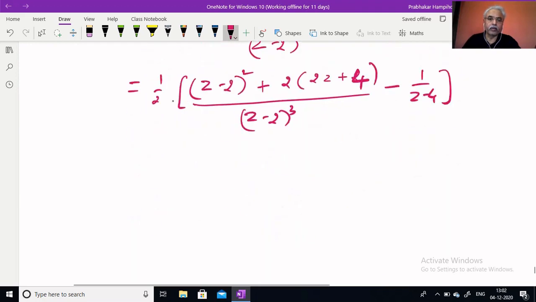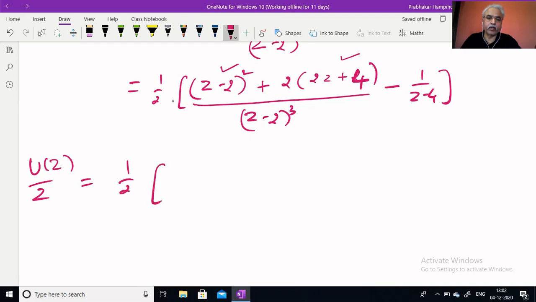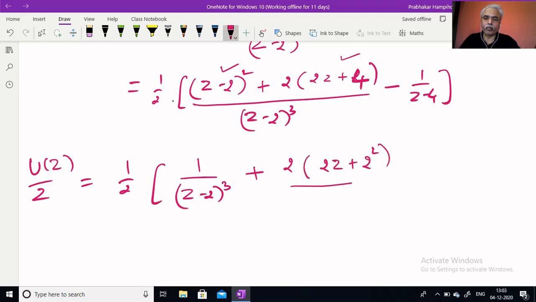Now separate first term divided by z minus 2 whole cube, second term divided by z minus 4 whole cube, U of z by z. Therefore now looks like this: 1 upon z minus 2 whole cube. We are almost near now inverse z transform, plus 2 times 2z plus 2 square upon z minus 2.